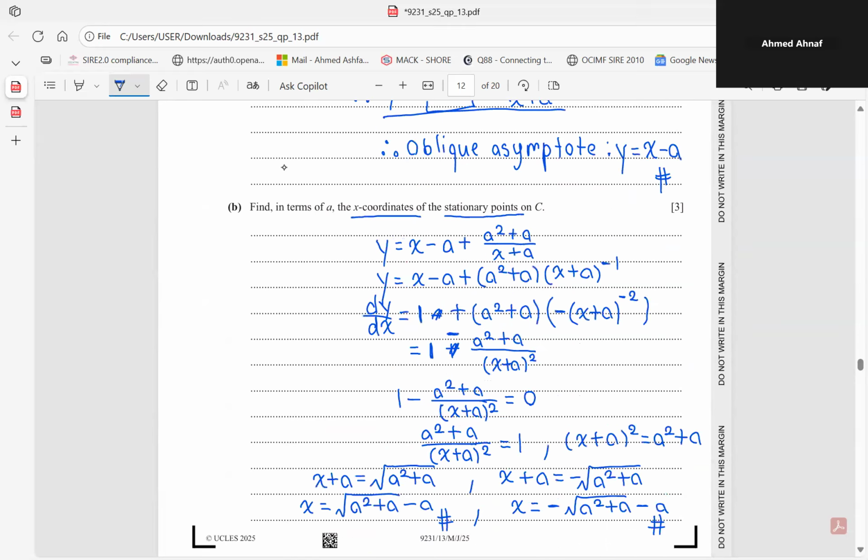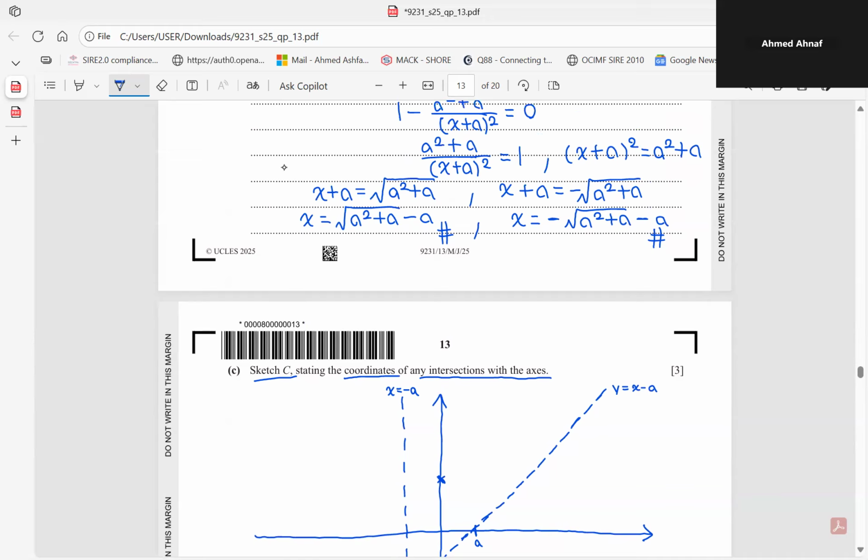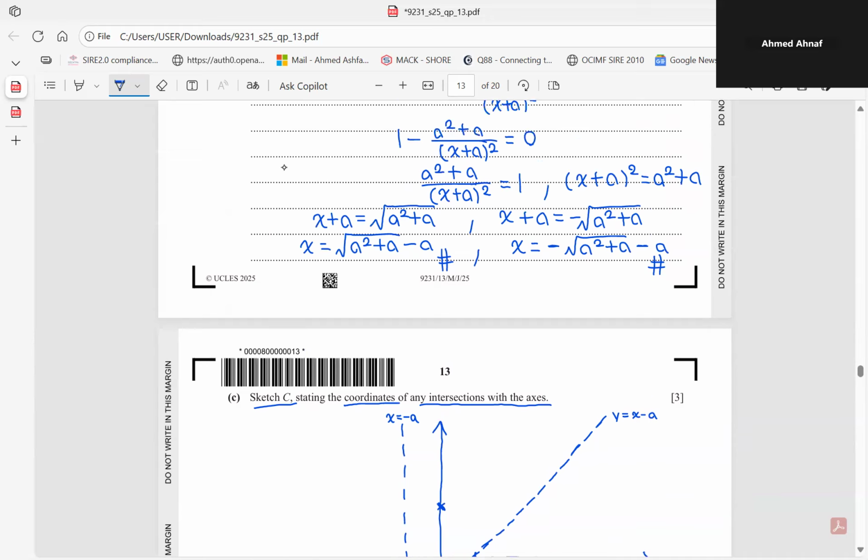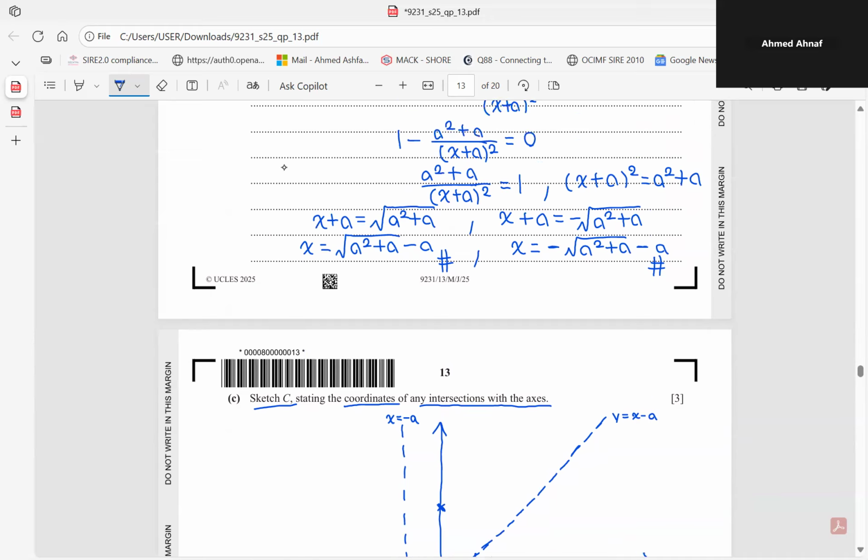Now let's put in the x coordinates of the stationary points. This first one is definitely positive minus positive, so that would be positive.